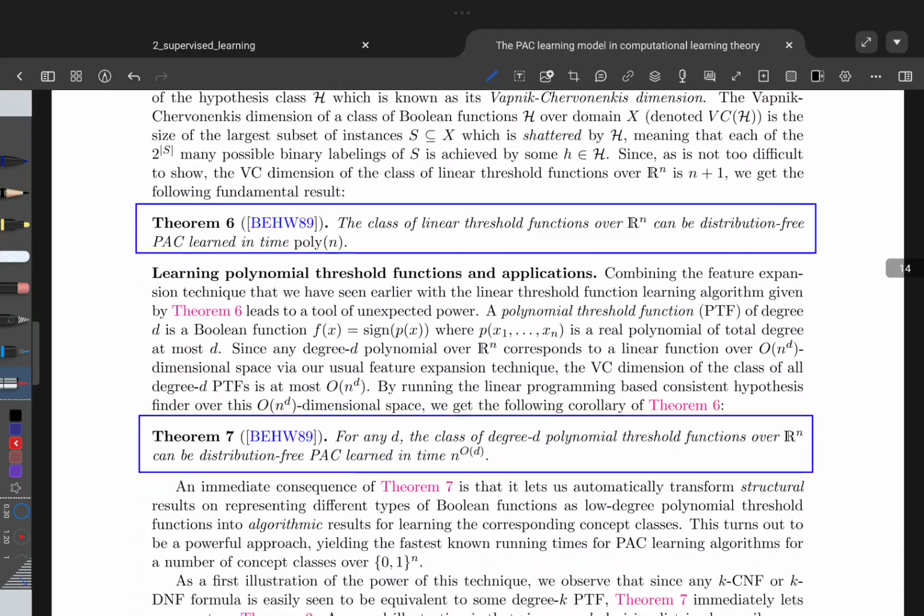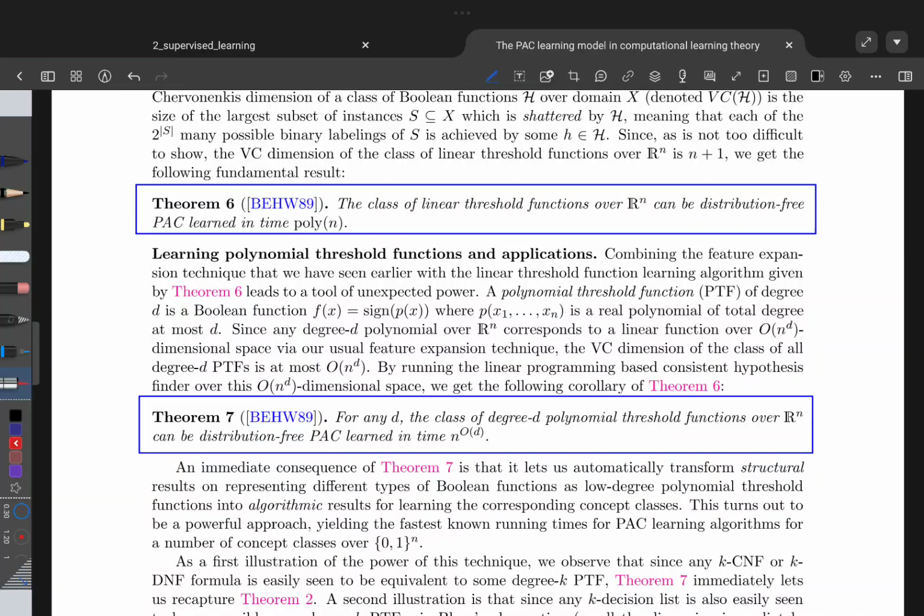And using the same approach as we just discussed, if you can learn linear classifiers, you can also learn polynomial classifiers. So any function that can be written as sign of p of x, where p of x is a degree k polynomial.